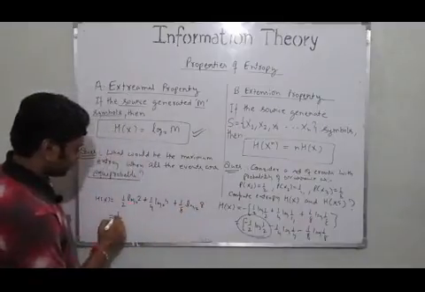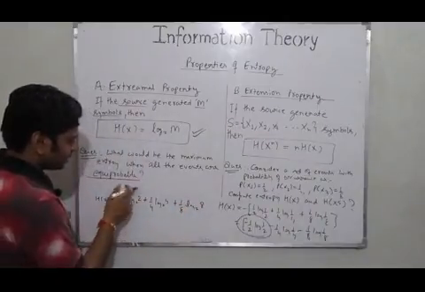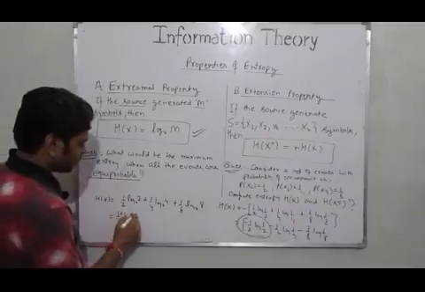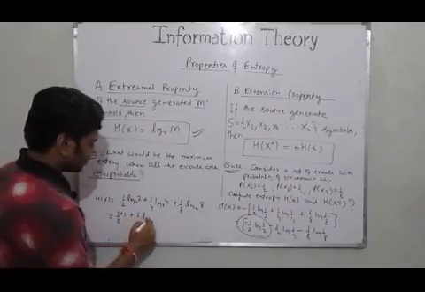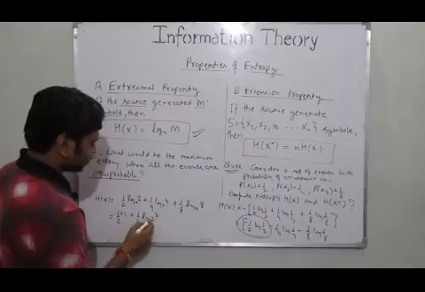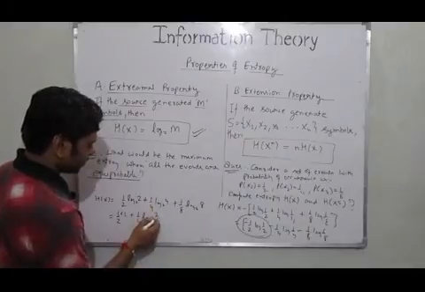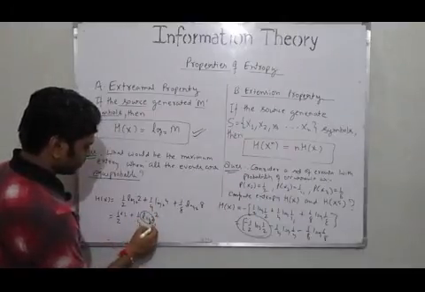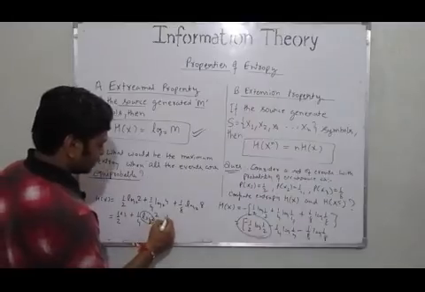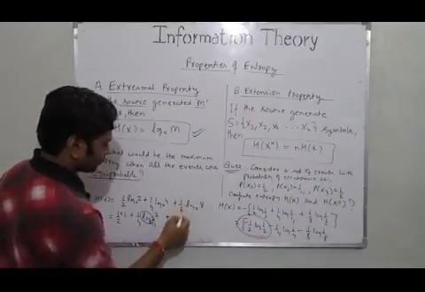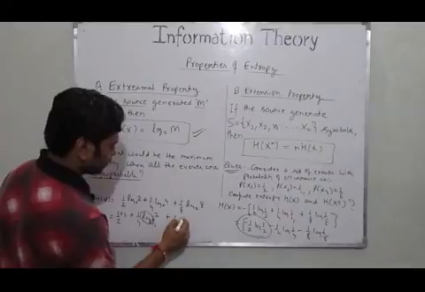So the first term becomes 1 by 2 times 1. The second becomes 2, because log 2 is equal to 1. The third would become 3. Fine.